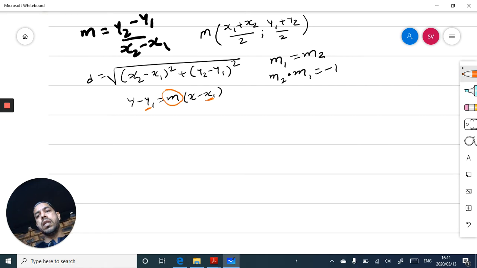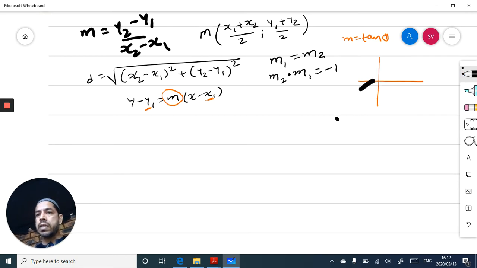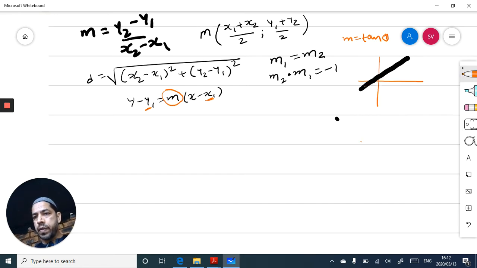What else? My gradient is related to the angle: m equals tan theta. That theta is the angle between the given line and the x-axis, the right hand side of the x-axis.